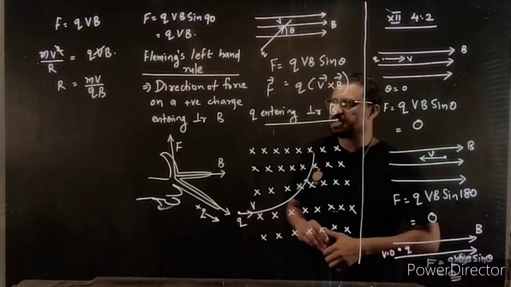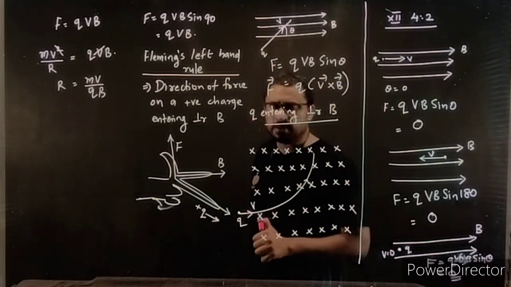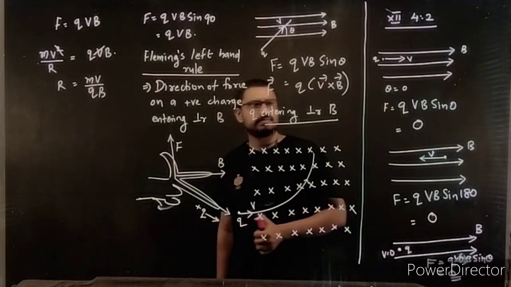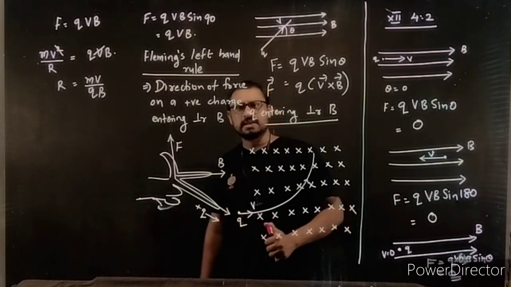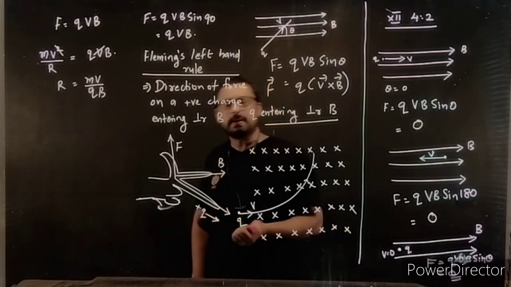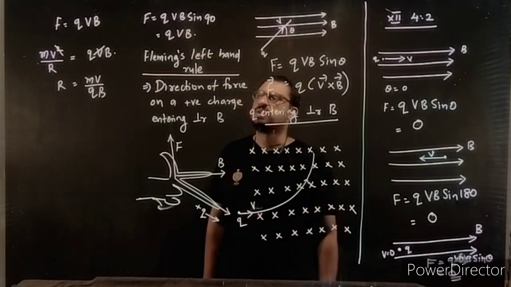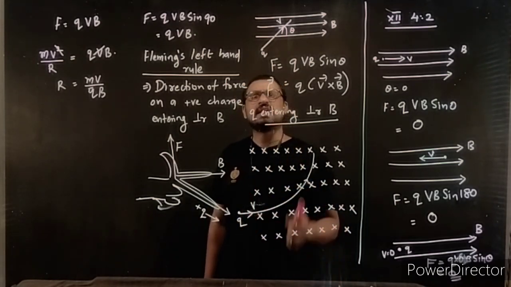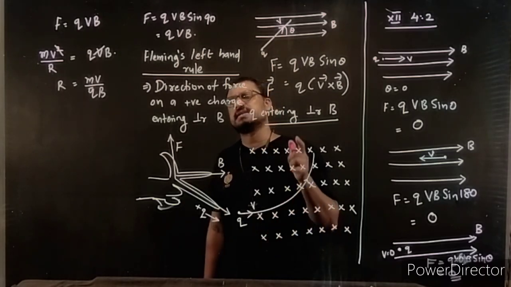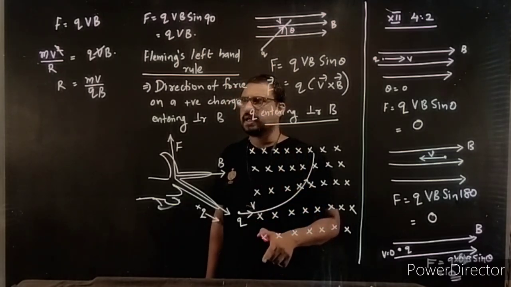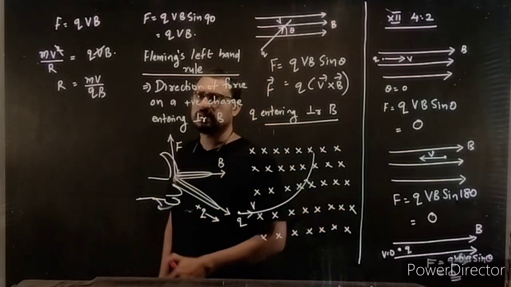So a charged particle entering a magnetic field perpendicular to the magnetic field will experience a force, and that force acts as the centripetal force, and it will follow a circular path.